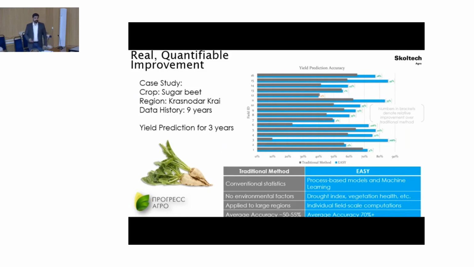So at the beginning of the season, they make this prediction that, okay, I will get 100 tons from this field, but the accuracy is about 50%, right? We were able to increase that to about 75, 78% by just incorporating the drought into the analysis.